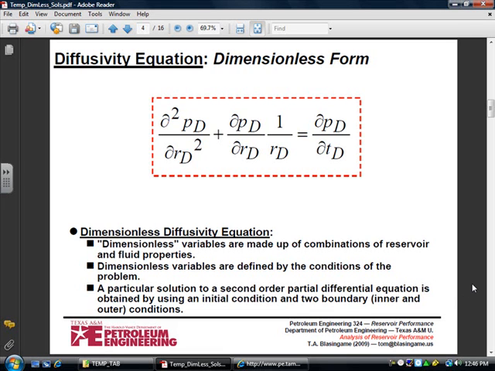And how are we solving the diffusivity equation? This is a second order partial differential equation. We have to impose conditions, right? First, we have to assume an initial condition, and the second is two boundary conditions. And what are the boundary conditions?